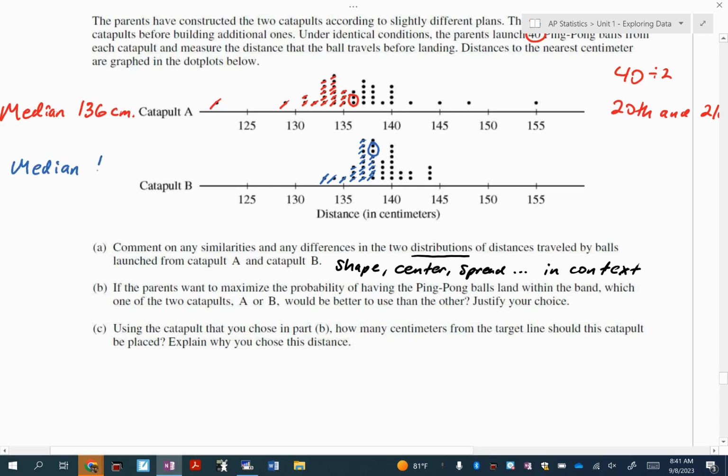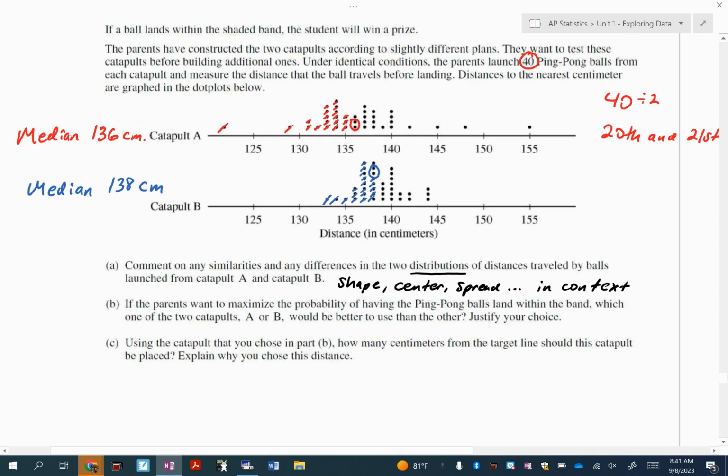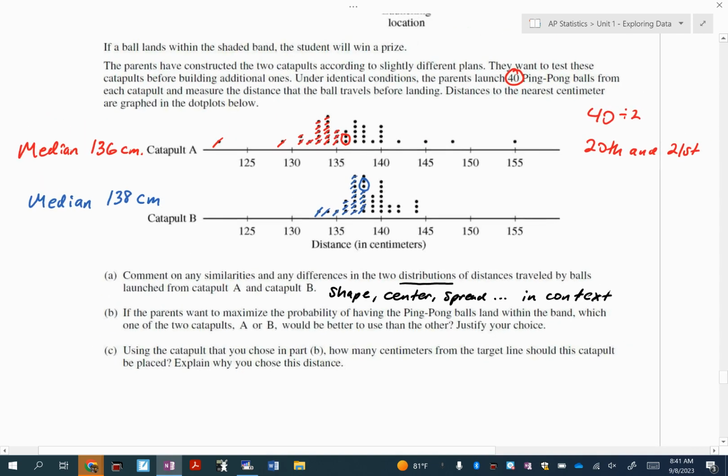So are the medians that far apart? No, they're pretty close, right? Obviously, the median for catapult B is technically a little bit larger, but they're pretty similar. So I would say the median for catapult A is 136 centimeters, and the median for catapult B is 138 centimeters. That checks off the center. Just gotta say something about the center.